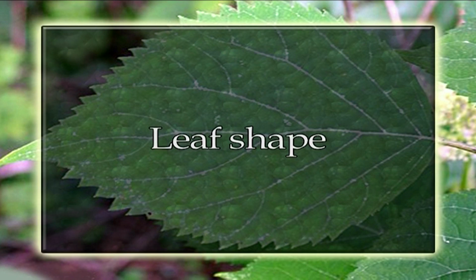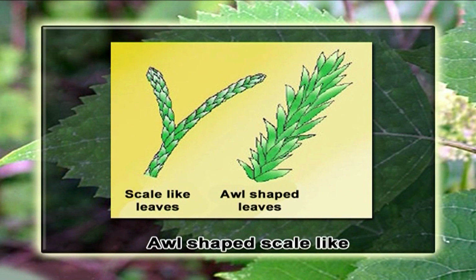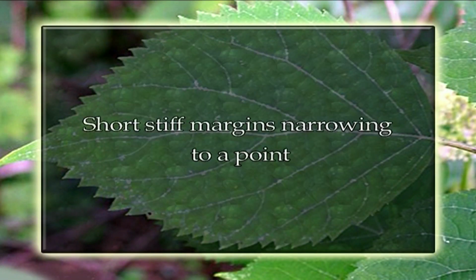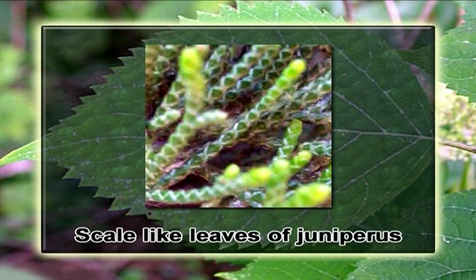Now leaf shape. On the basis of shape of lamina, leaves are of many types, like awl-shaped, that's tapering to a slender stiff point, short stiff margins narrowing to a point, as in single seed juniper.